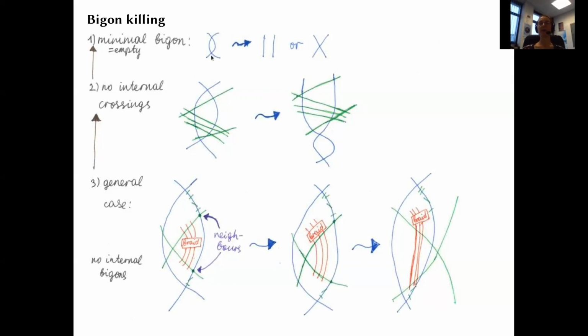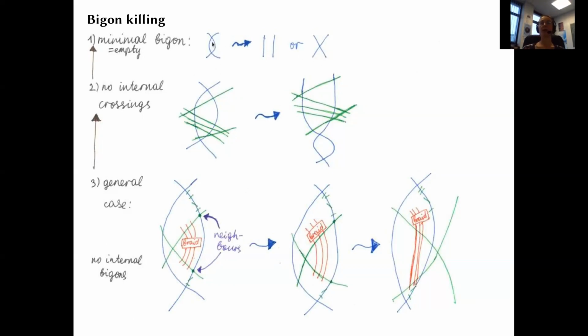So first, if we have some minimal bigon, on the level of generators, it corresponds to having some xi followed by xi. So it is either the identity if you're involutive, or it's just xi when you're idempotent. So you can reduce the number of crossings.